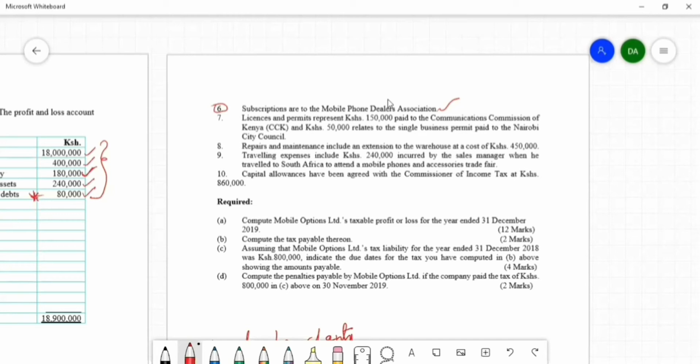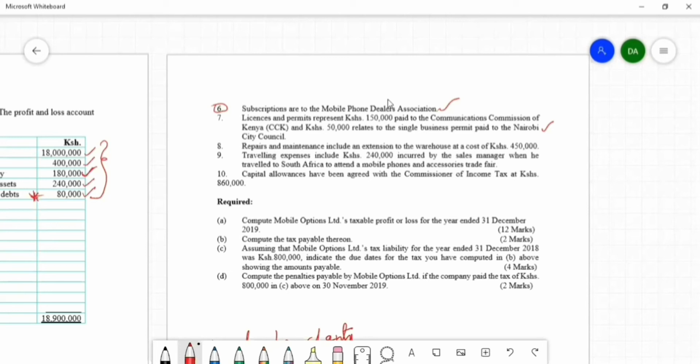Licenses and permits represent 150,000 paid to the Communications Commission of Kenya, CCK, and 50,000 relates to single business permit paid to Nairobi City Council. Both of these are allowable expenses. They are related to generation of taxable income. In other words, permits and licenses are allowable expenses.